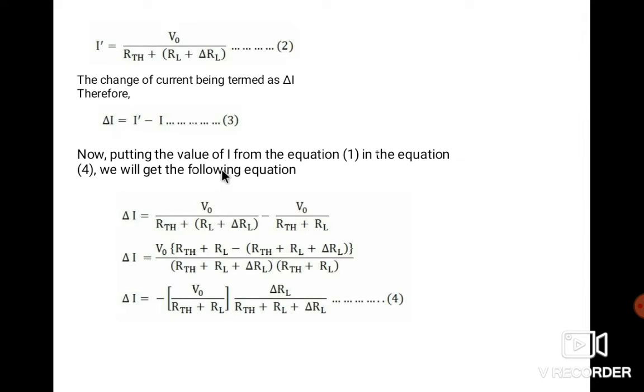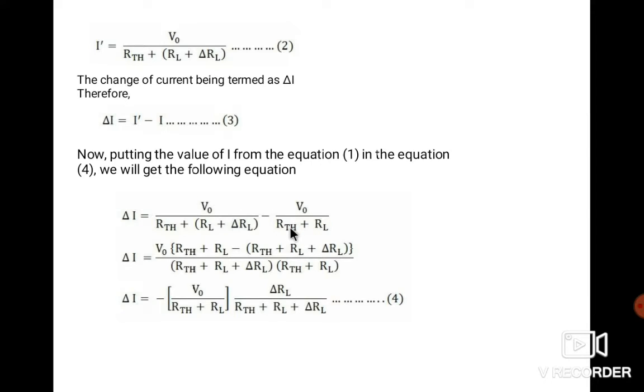Now putting the value of equation 1 in equation 4, we get the following equation by solving this formula. This is due to the change in the resistance R to R plus delta R, and this is the Thevenin equivalent current.